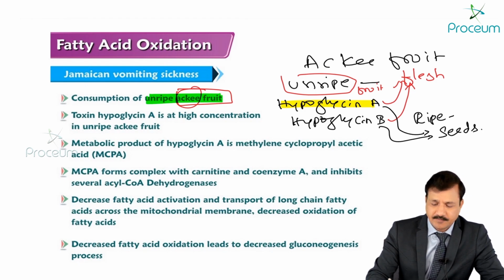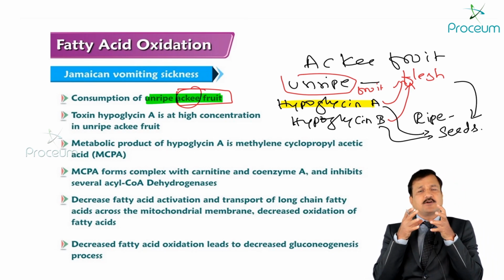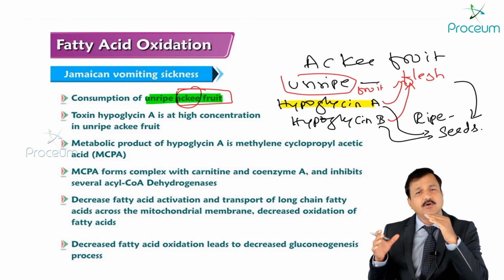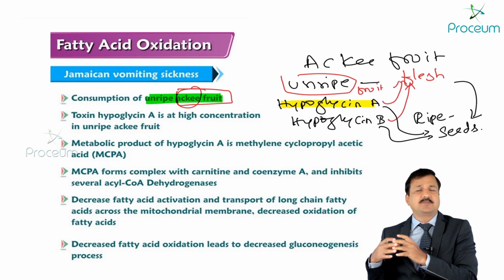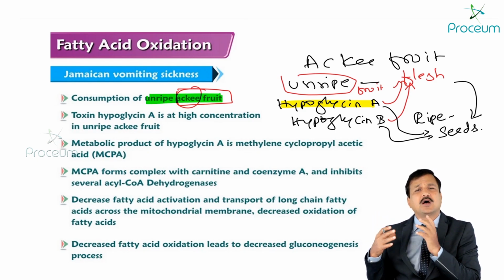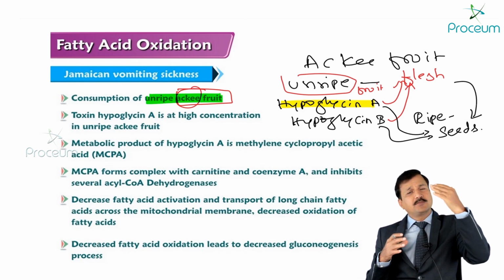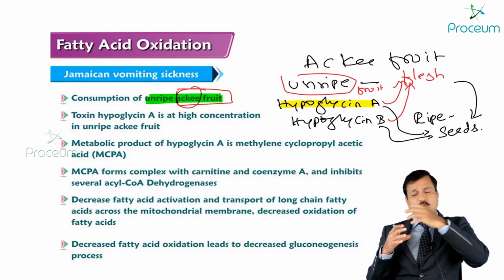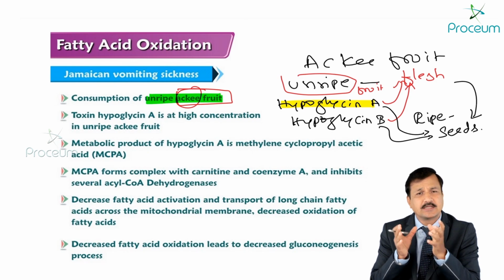So the flesh of the fruit will have little or no hypoglycin A and B, only in very low concentration, and it doesn't lead to signs and symptoms. When the fruit ripens, the toxins move from the flesh to the seeds, and there will be a high concentration of hypoglycin A and B in the seeds.